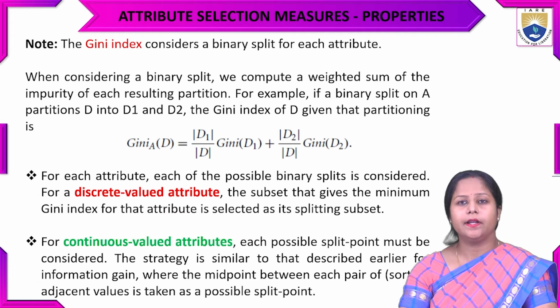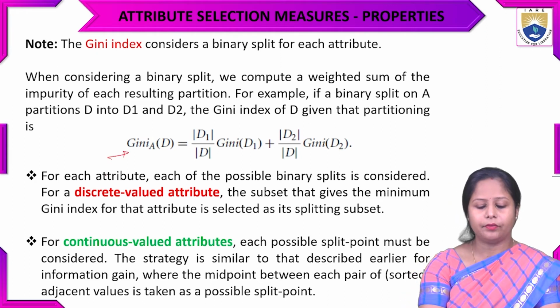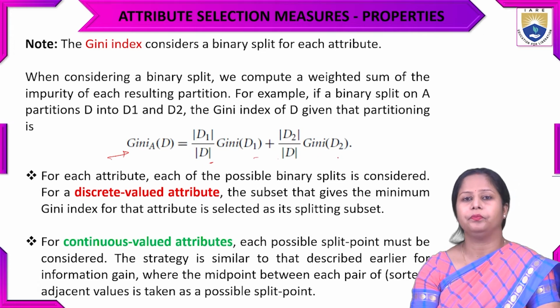Here, the Gini index considers a binary split for each attribute. While considering a binary split, we compute a weighted sum of the impurity of each resulting partition. For example, if a binary split on attribute A partitions D into D1 and D2, the Gini index of D given that partition will be Gini A of D equal to mod D1 divided by mod D into Gini of D1 plus mod D2 divided by mod D into Gini of D2.